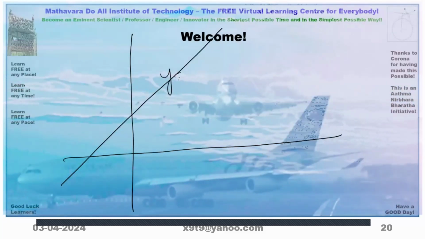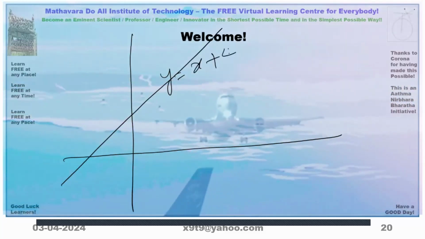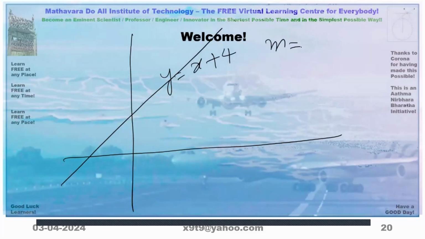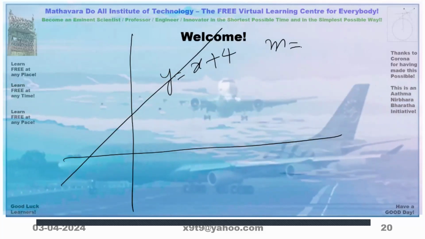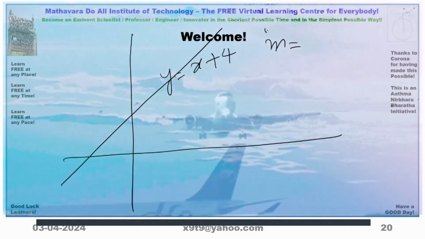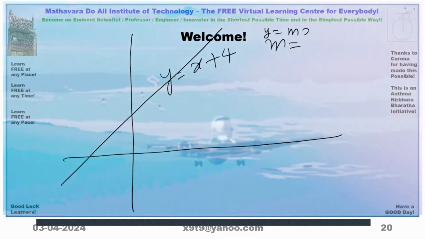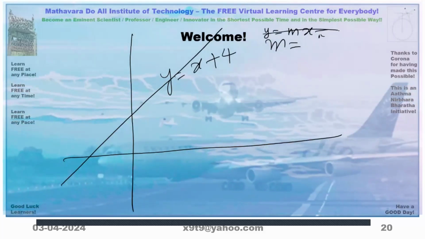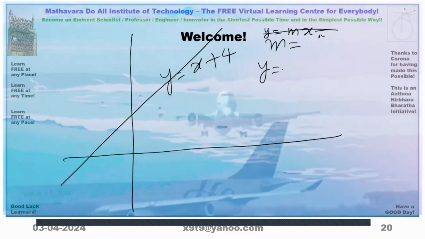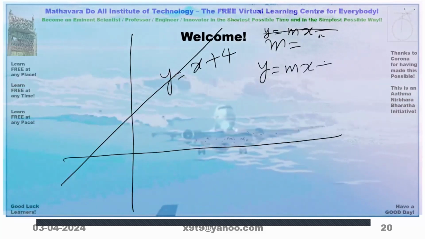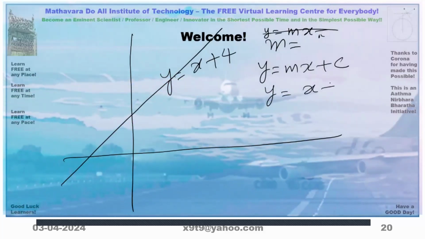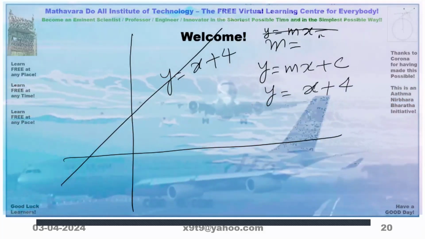So suppose y is equal to x plus 4. What is m here? y is equal to mx plus c is the formula. So if we write y is equal to x plus 4, what is m?